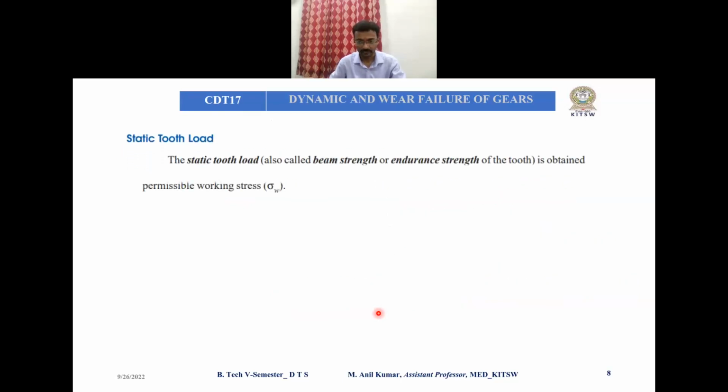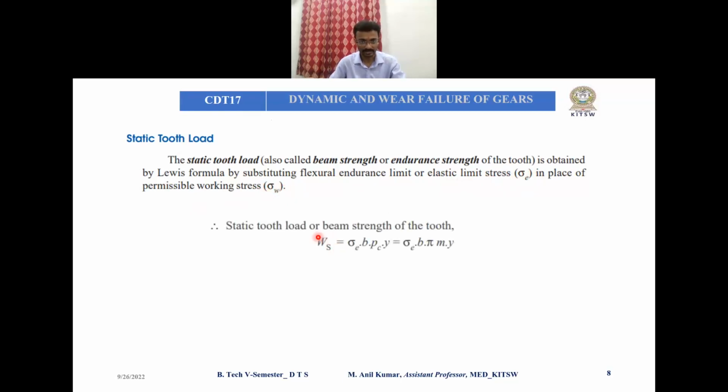So here is another parameter, static tooth load. Static tooth load, also called beam strength or endurance strength of teeth, is obtained by Lewis's formula by substituting flexural endurance limit or elastic limit sigma E in place of working stress sigma W. So the static tooth load equation is Ws equal to sigma E b Pc Y, where we can write Pc in terms of pi and module m, pi m.